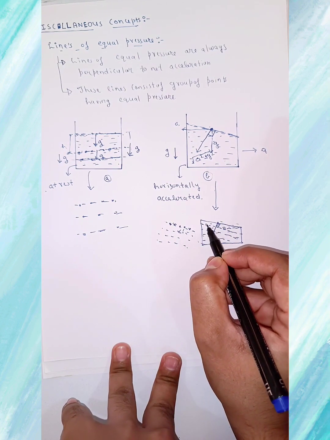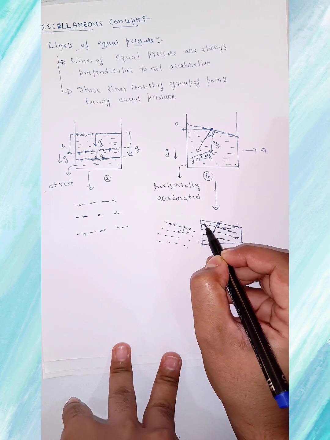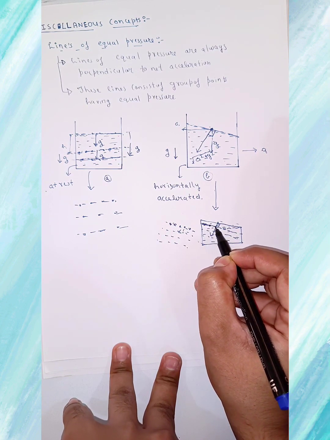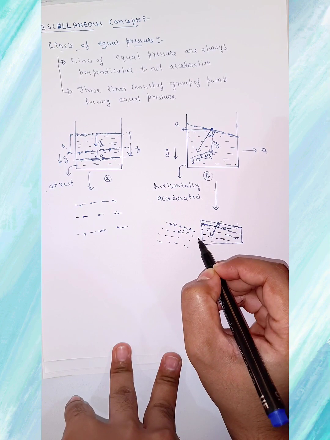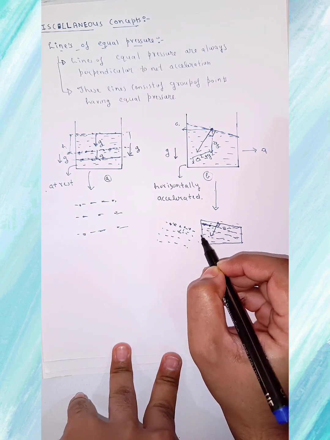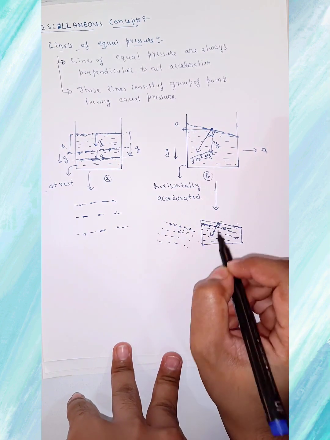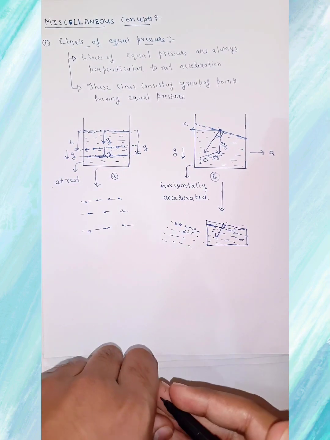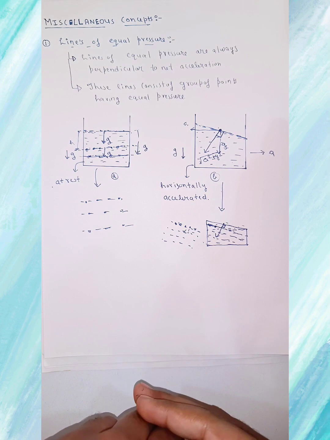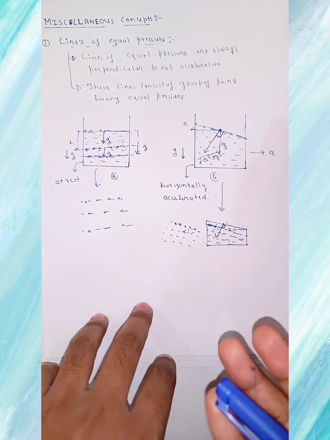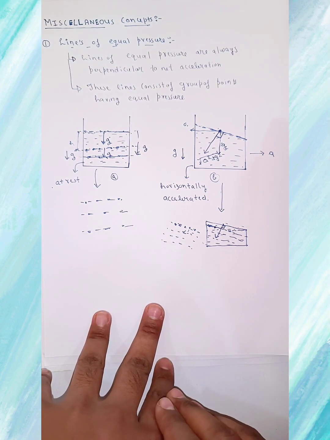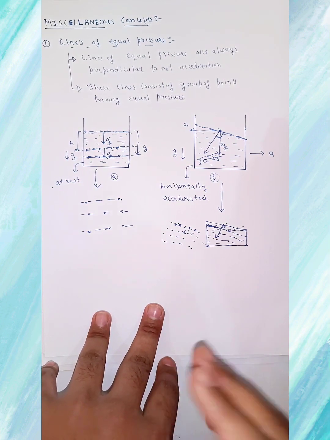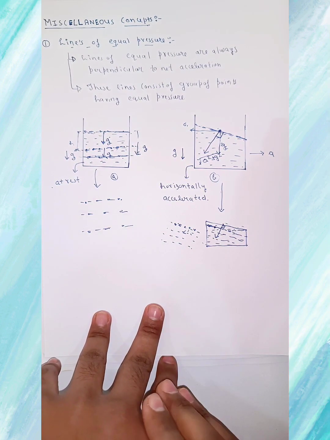For example, if I take a point here and simultaneously a point here along the same line, perpendicular to net acceleration, then pressure at these 2 points will be equal. So I hope you remember this basic theoretical concept of lines of equal pressure. It will enhance your understanding and will help you somewhere down the line if you are weak in some concept.